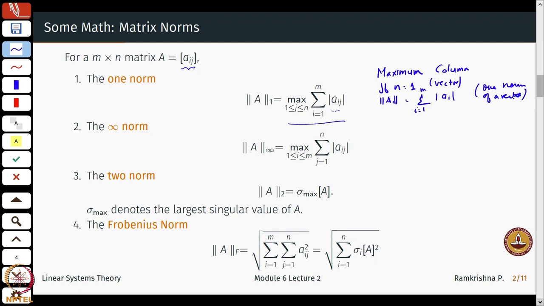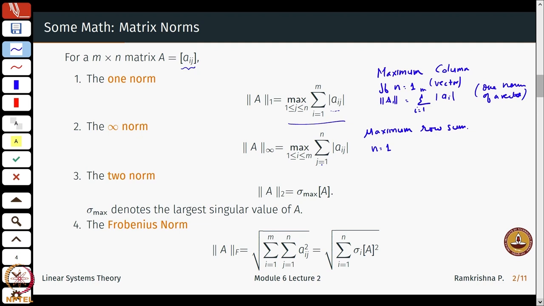Okay. Similarly, with the infinity norm, here I am looking at the maximum row sum. And similarly, I can derive that for the n equal to 1 case, I will have a vector, and this definition will coincide with the definition of the infinity norm in the case of a vector.